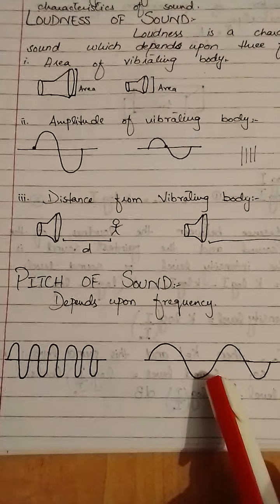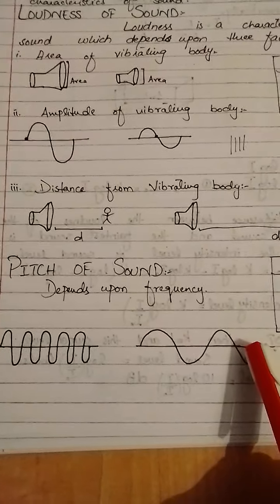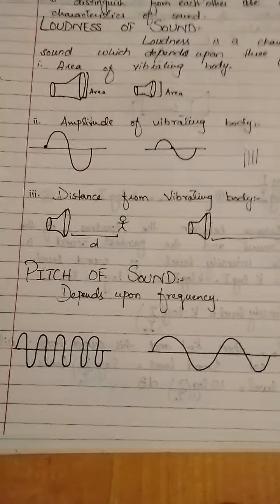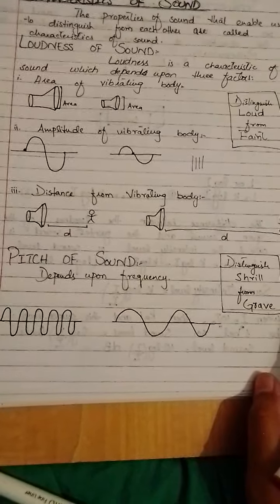This one has a lower frequency because very few waves pass through this certain area in a given amount of time. Okay, so pitch enables us to distinguish shrill sound from grave sound.